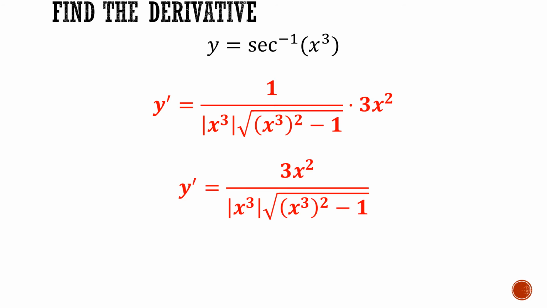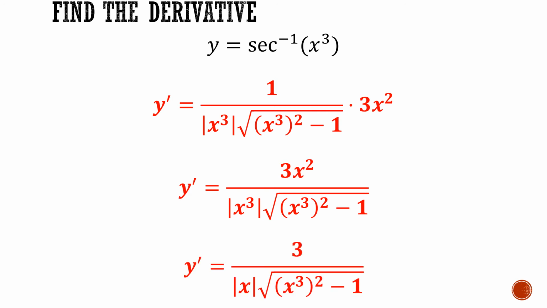So I get 3x squared over absolute value of x cubed times the square root of x cubed squared minus 1. Cleaning that up, making it look even better, I would get 3 over the absolute value of x if I reduce out the x squareds, times the square root of x cubed squared, or x to the 6, I could have written it either way, minus 1.